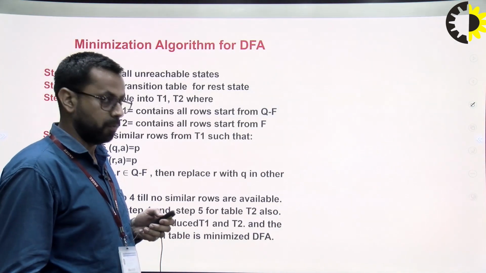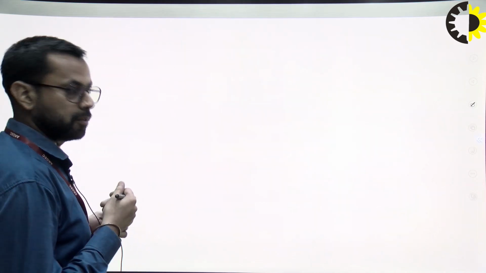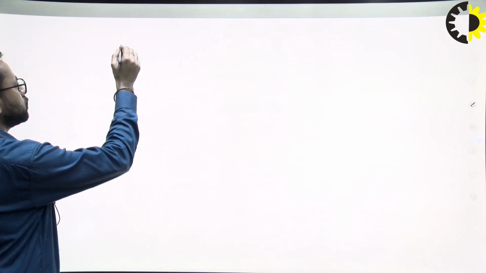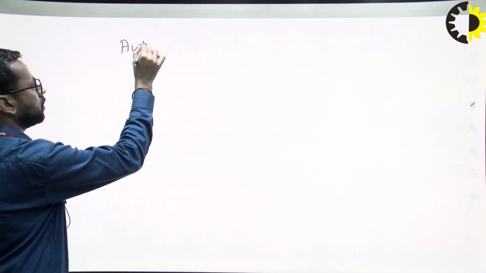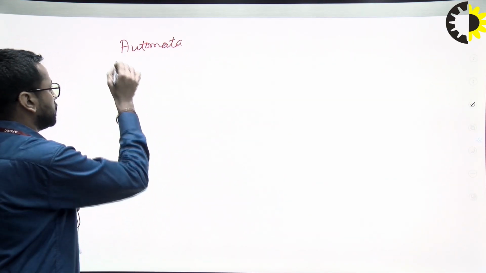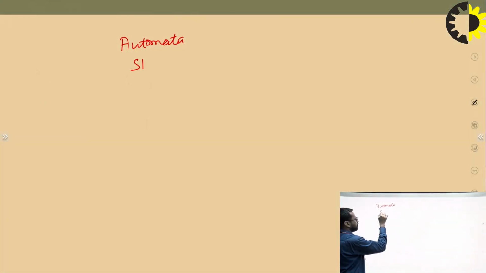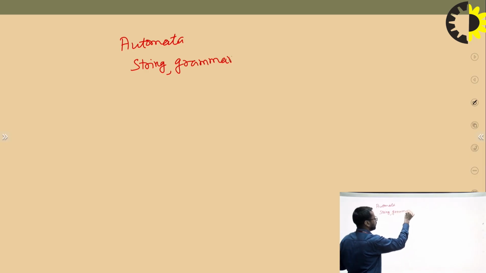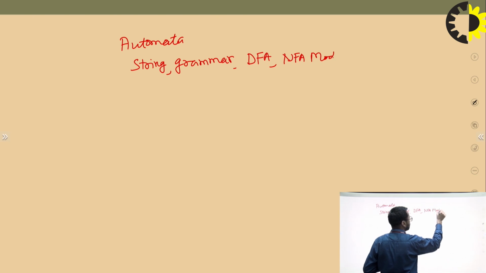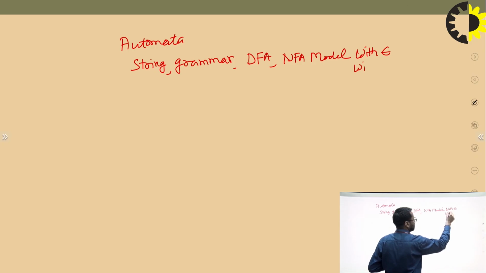And what we have already discussed in the previous video lecture, we will also have the brief note, the brief content to memorize that. We already discussed what is the automata, what is the notation of that automata, and what are some structures, like what is the string, grammar, DFA model, NFA model with epsilon and without epsilon.